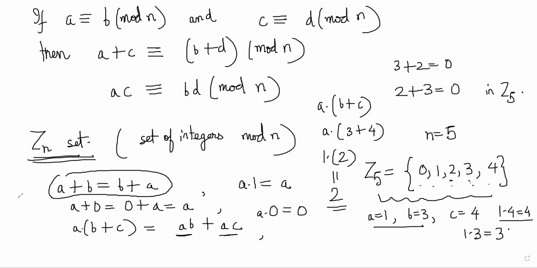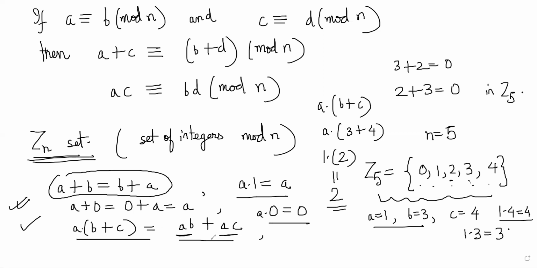So basically what we are trying to show here is that in the Zn set, these properties are satisfied. Zn is the set of integers modulo n, and we are able to show that addition is commutative. Also, the distributive property holds, and these properties also hold, right?